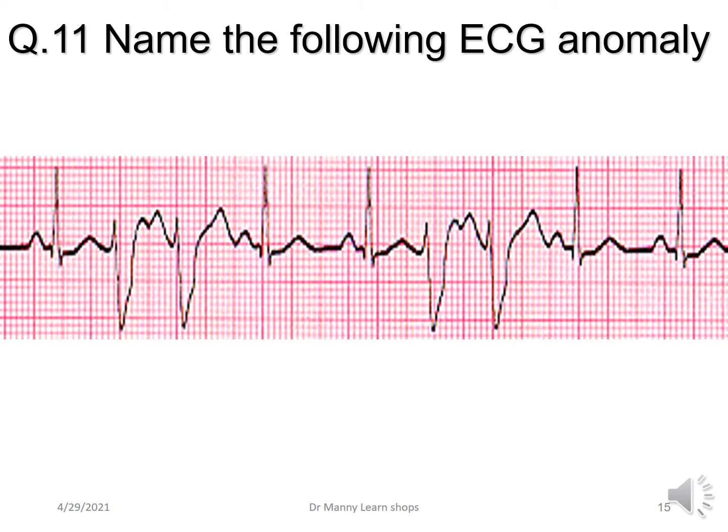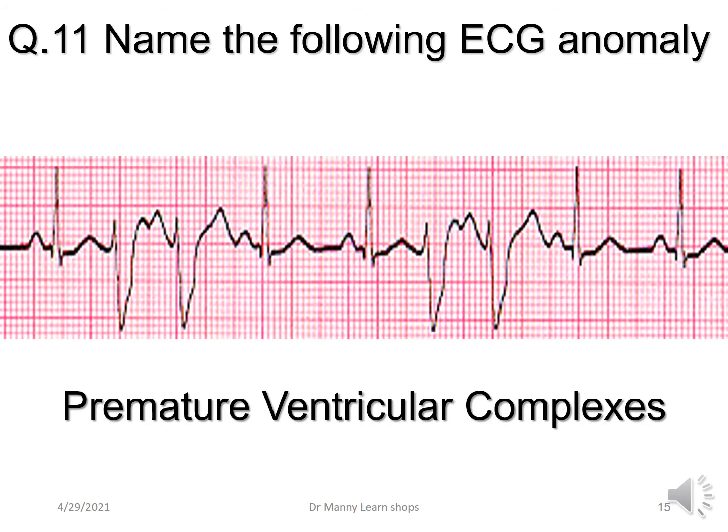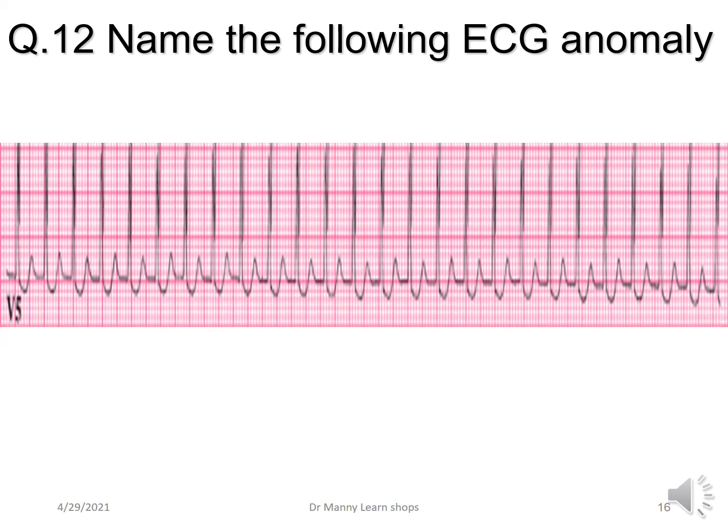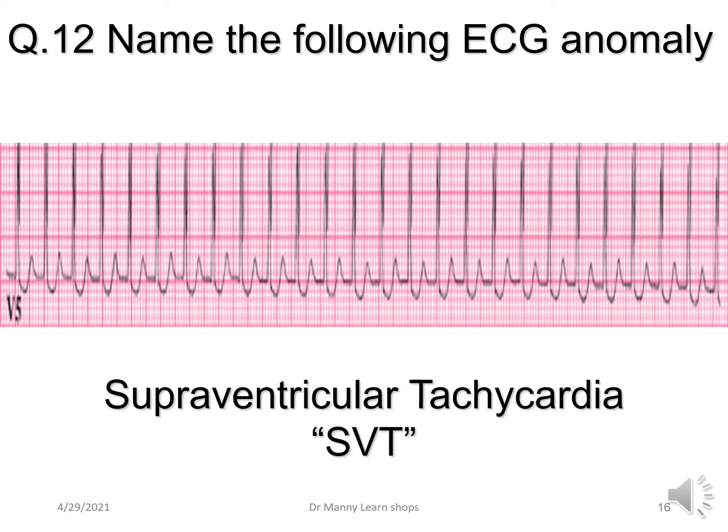Can you name the following ECG anomaly? These are premature ventricular complexes. What about this one? This is supraventricular tachycardia, abbreviated to SVT.